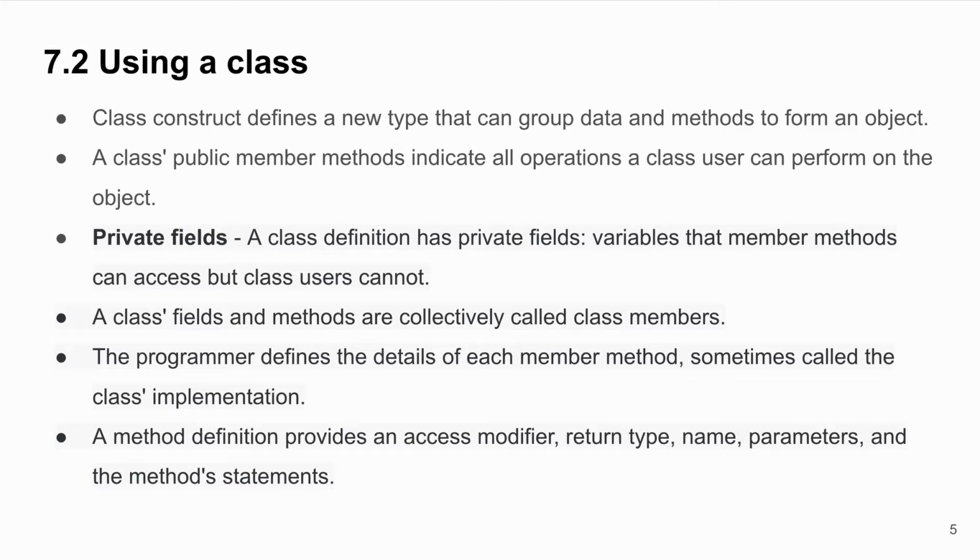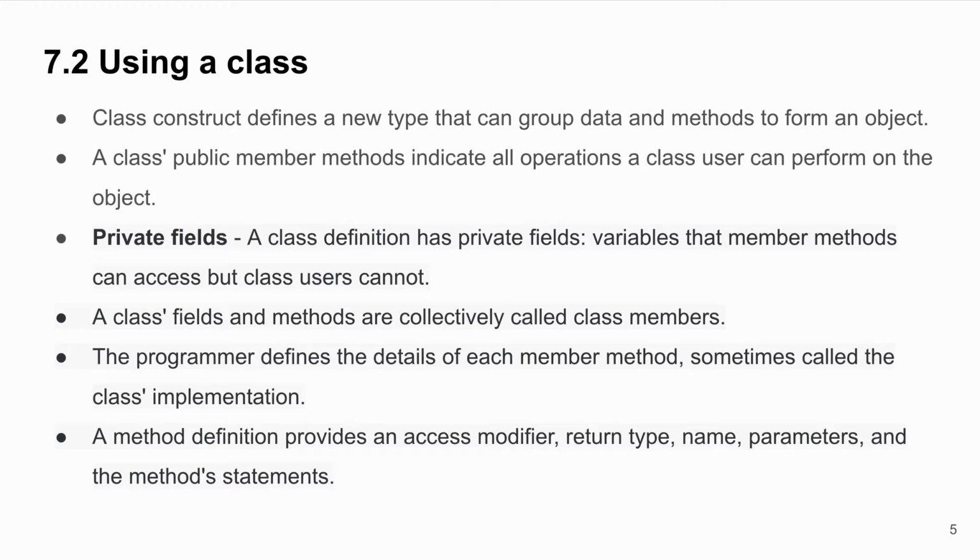A class's public member methods indicate all operations a class user can perform on the object. Member methods means the functions that the class can have.